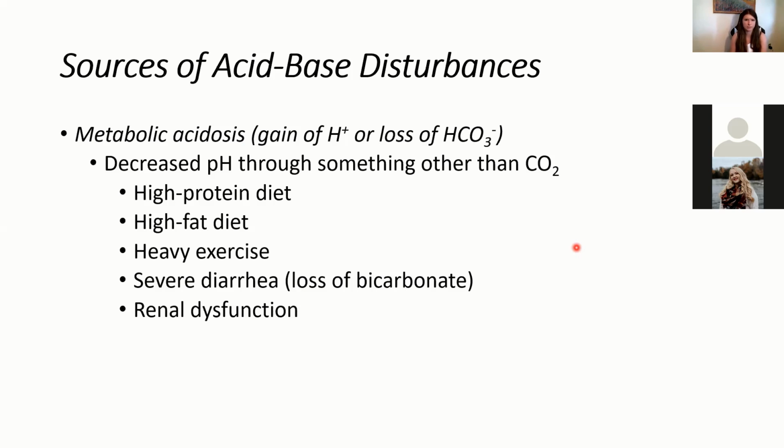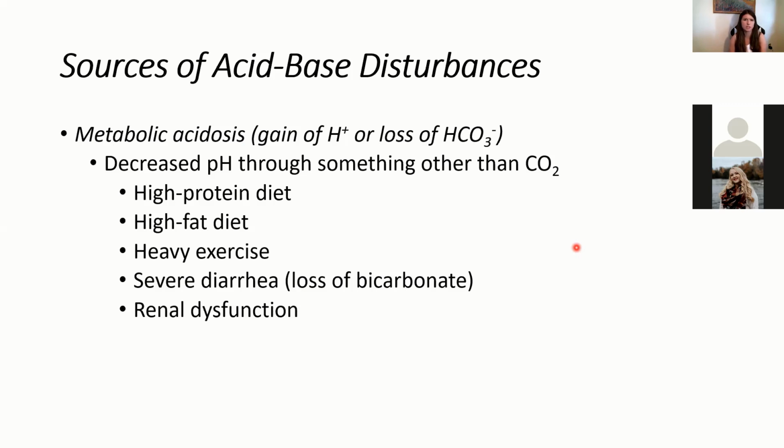So when we're talking about metabolic acidosis, we're talking about factors other than CO2, because CO2 can be regulated by regulating our breathing. But when we're changing our pH due to our hydrogen ions or our bicarbonate, while it's a related system, it's going to require some different regulation there.